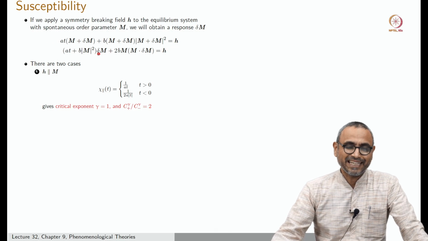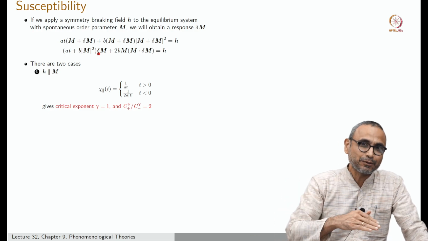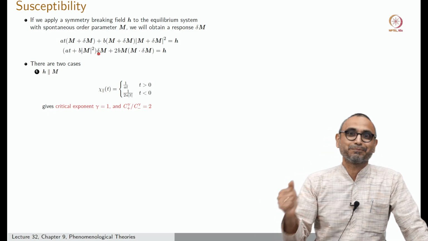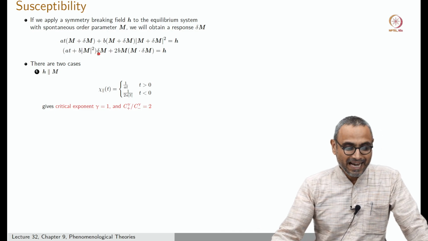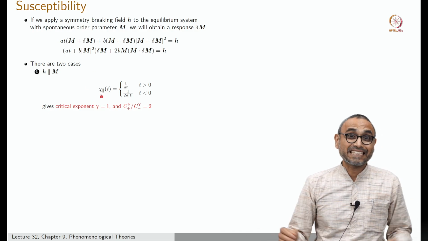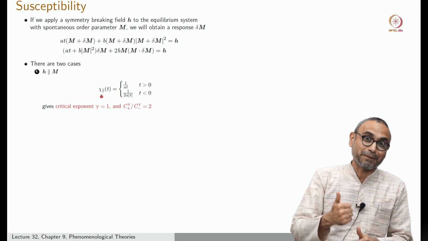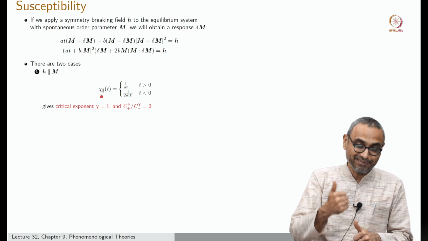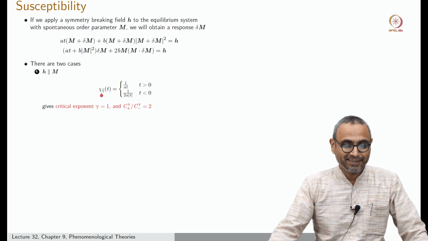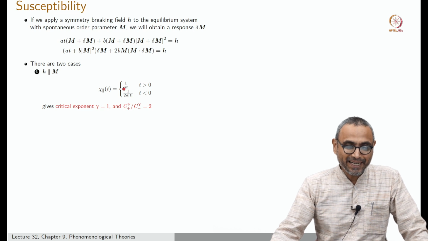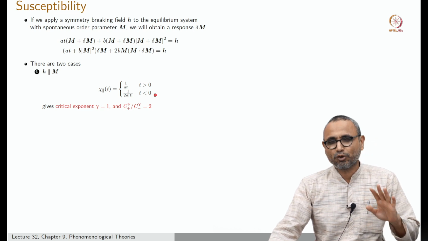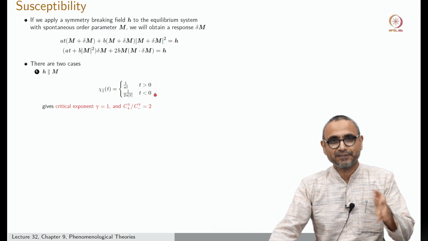You can see that this problem will reduce exactly to the problem of the Ising kind of system that we studied. Then you will find that the parallel susceptibility, parallel meaning parallel to the direction of the order parameter, will turn out to be 1 by AT when t is greater than 0. Here there is no meaning for parallel because there is no order parameter, but that's okay.